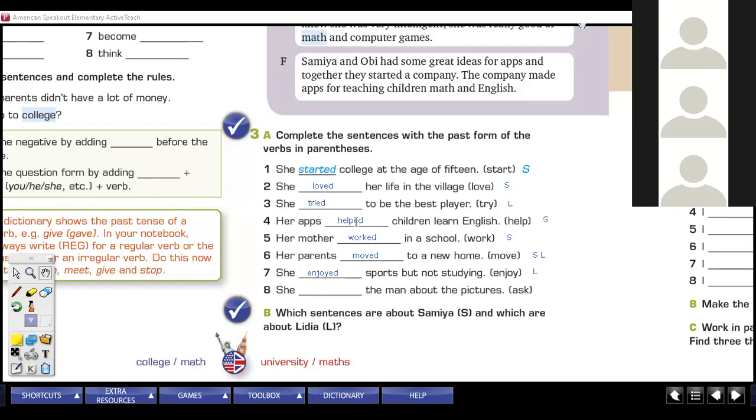Sí, asked the man about the pictures. Okay, she asked. Asked. And this sentence is about Samia or Lydia? Lydia. Lydia. Very good. Okay, I'm going to erase it to go to the next part, okay?